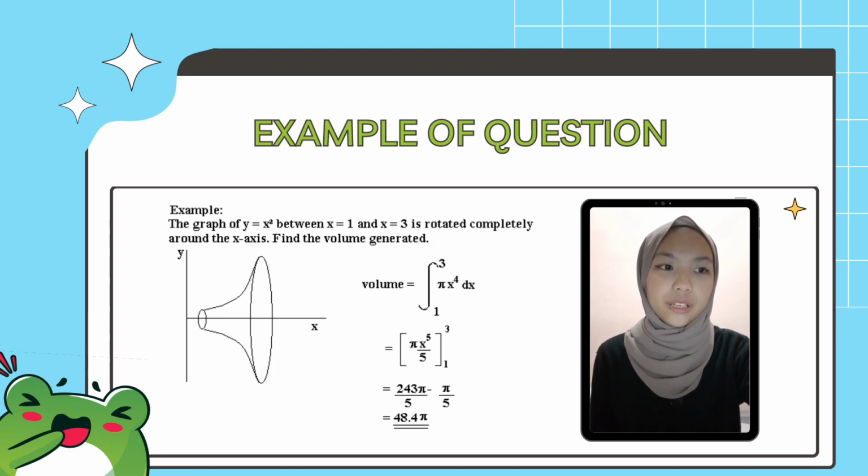If we don't get the answer with pi, the answer is 142.053. This answer will also be acceptable because it doesn't have pi in it.